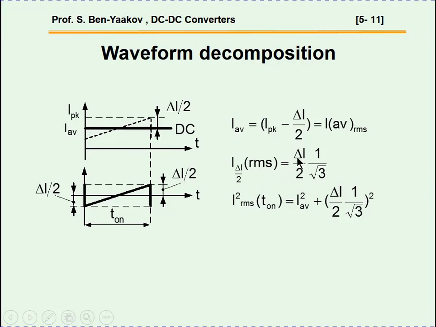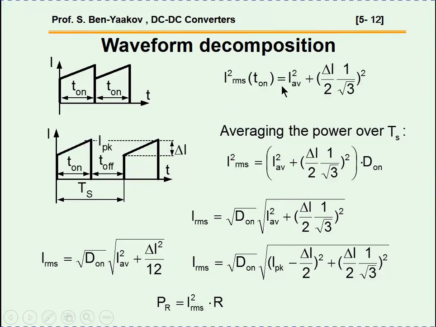Peak value here is delta I over 2 divided by square root of 3, and therefore the I RMS square is this value square plus this value square. So here it is. We have the RMS square.